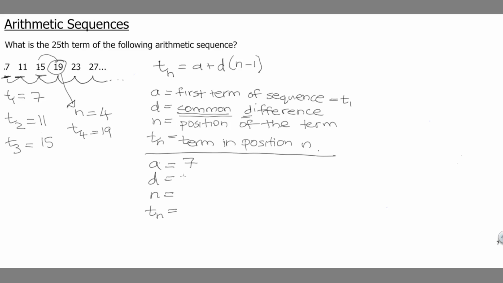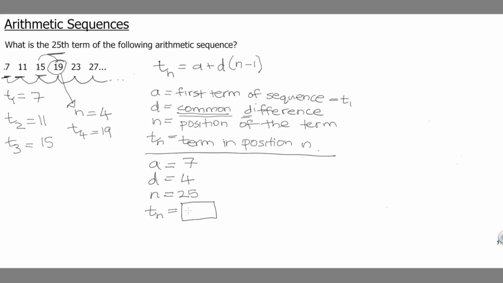For example, 19 minus 15 is 4. The n we're looking for, the position of the term we're looking for, that's right here in the question. We're looking for the term at position number 25. So n is 25, and the term is the thing we don't know. So I'll just put an empty box there to signify that that's the term that we're looking for.